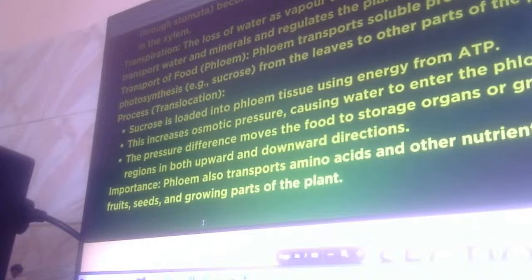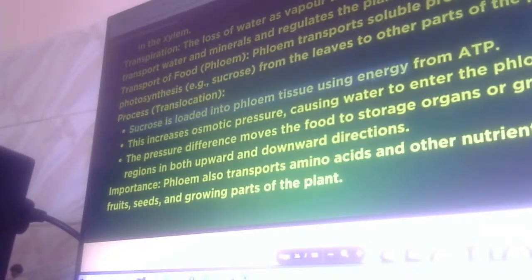So this results in moving the food to storage organs or regions where the food is required, and it's bidirectional, both upwards and downward. Okay, nice. Roots, fruits, seeds, growing parts of the plant. This is actually nice.